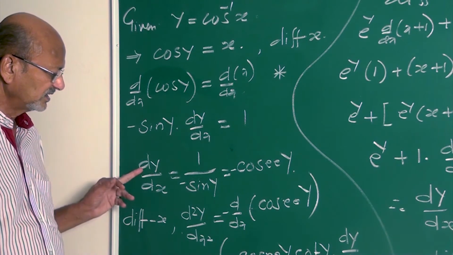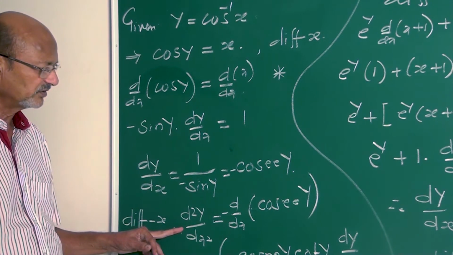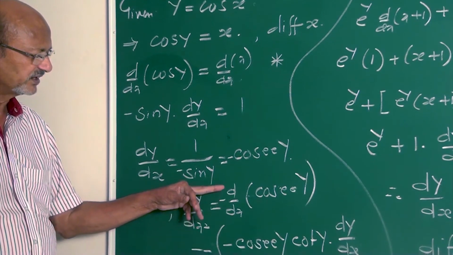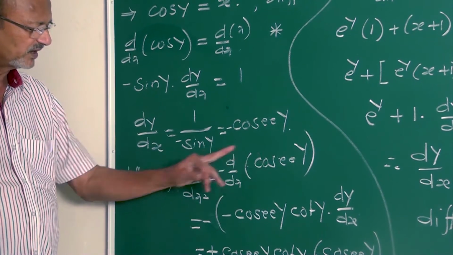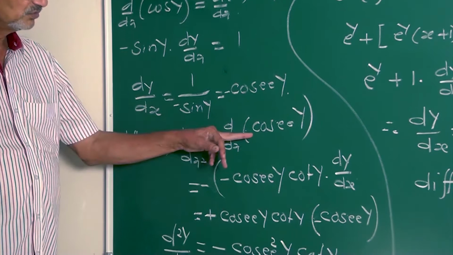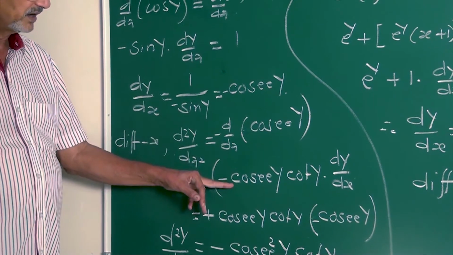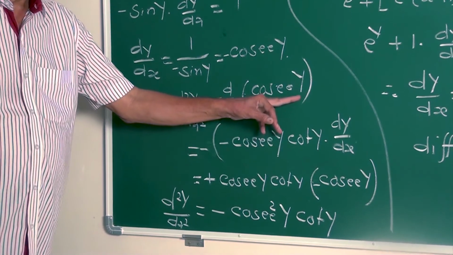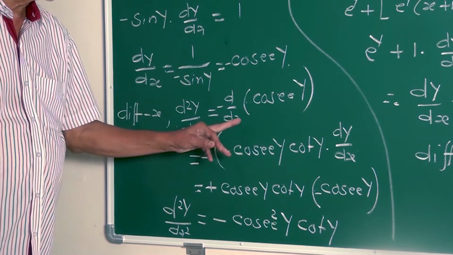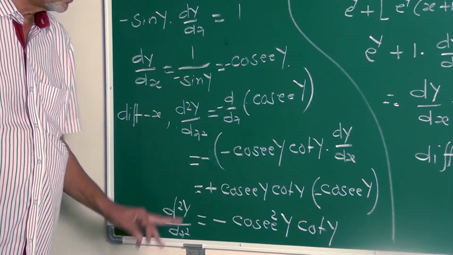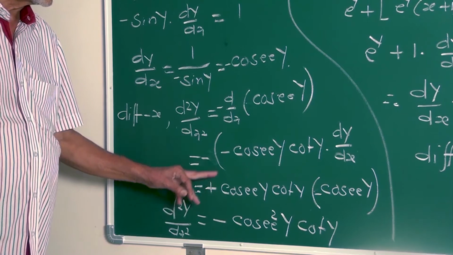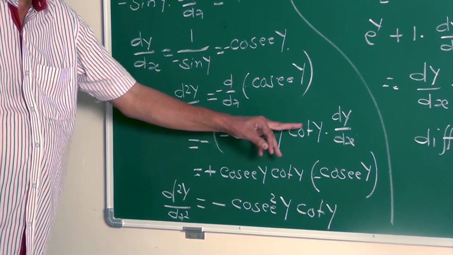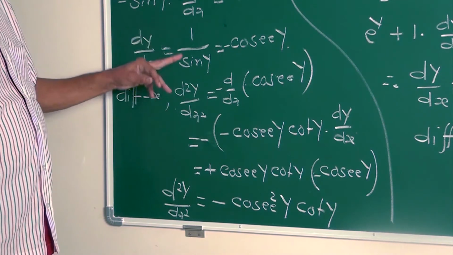Differentiate again. Derivative of the first derivative is the second derivative. This minus outside, d by dx of cosec y. Minus into first with respect to y, minus cosec y into cot y. Then derivative of y with respect to x is dy by dx. Minus with minus is plus: cosec y into cot y. What is dy by dx?